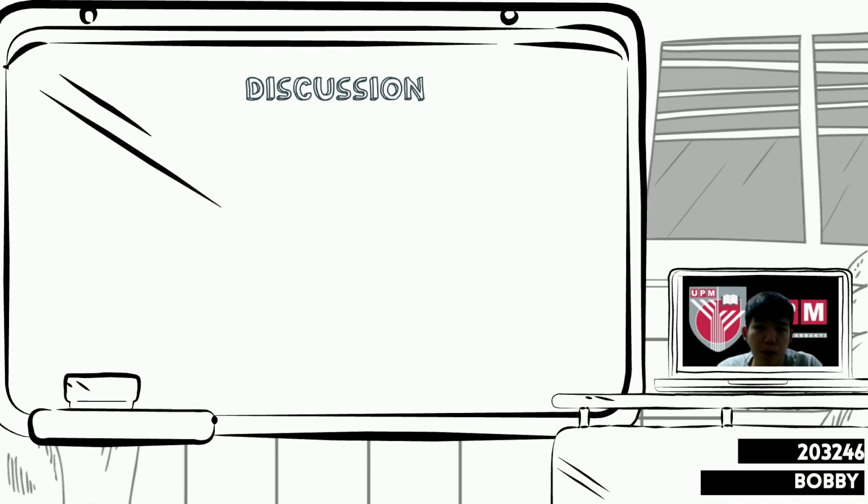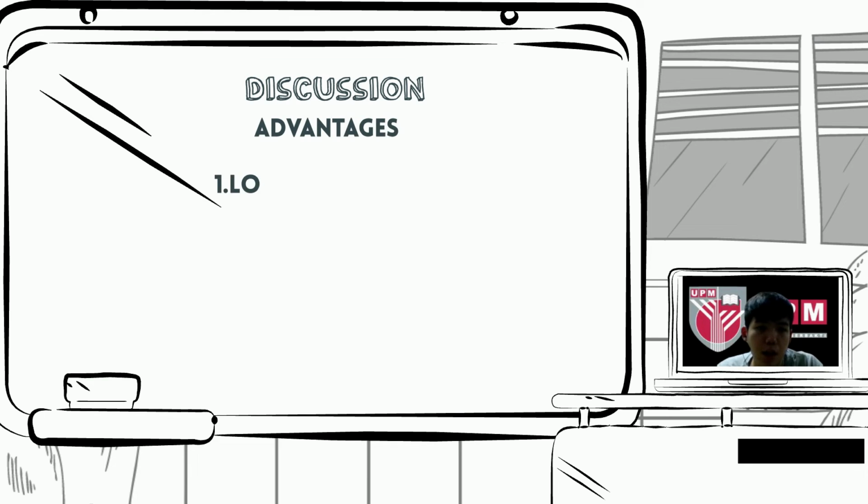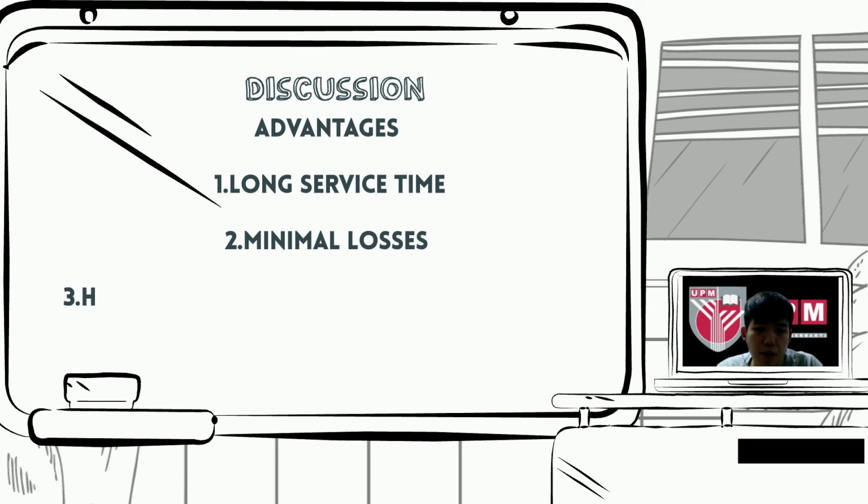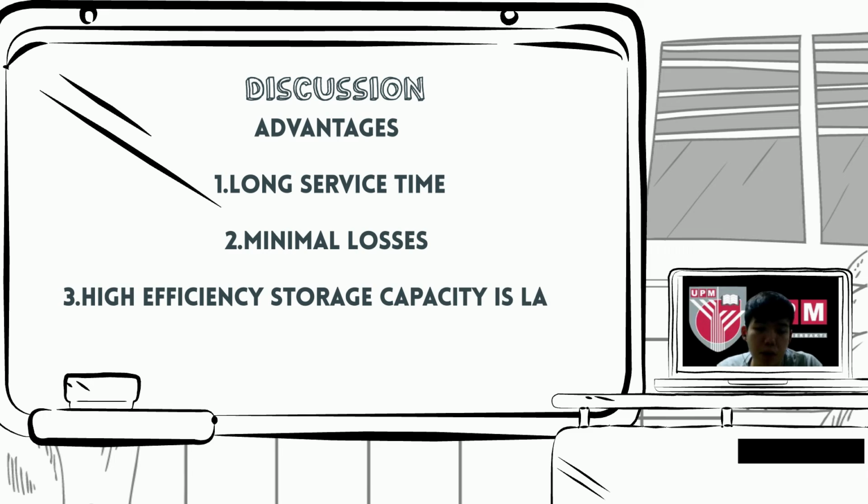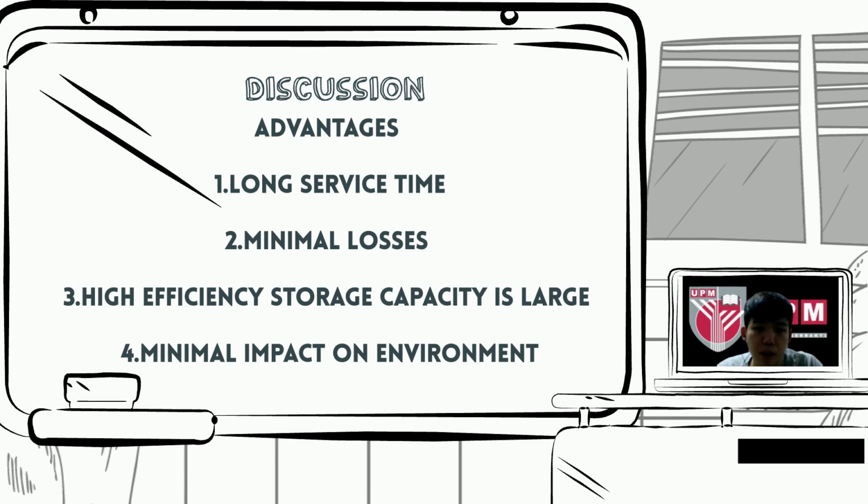Now I will be continuing with the discussion. I'll discuss the advantages and disadvantages of pumped storage hydroelectricity. The advantages are that it has a long service time, minimal losses, and high efficiency. The storage capacity is large, and it brings minimal impact on the environment and no emission of carbon dioxide.